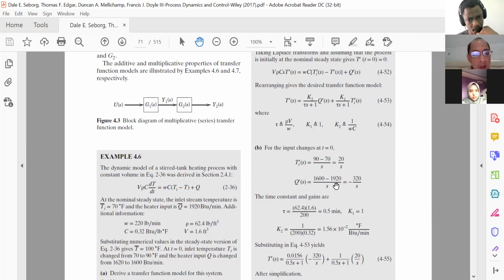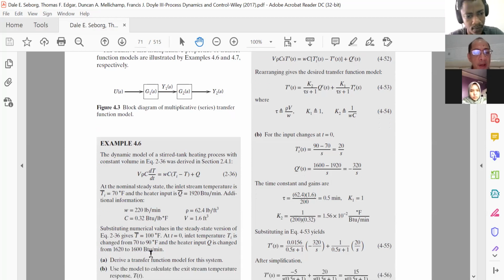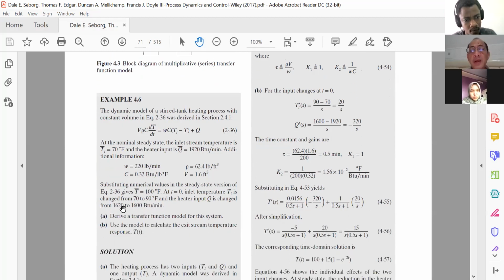Oh, wow, this is not the same, so this must be wrong. Instead, 1620 should be 1920, according to this. Do you agree? Yes, sir. Can you see that? So this should be 1920 to 1600, so we will have a negative sign, minus 320 over s.